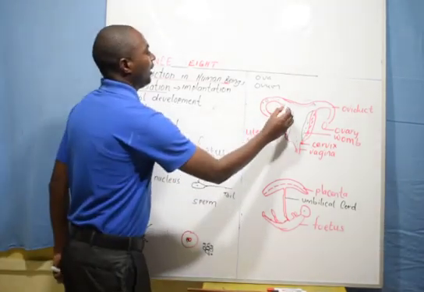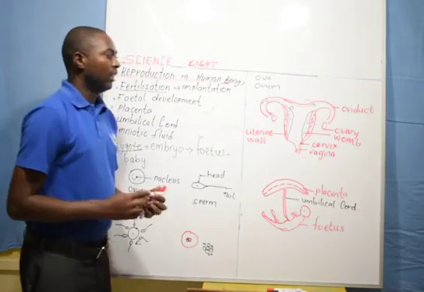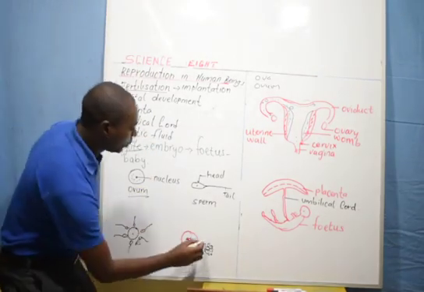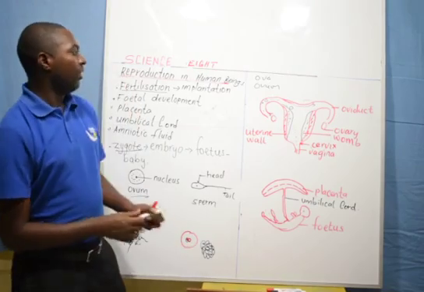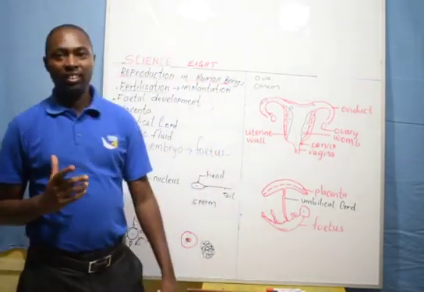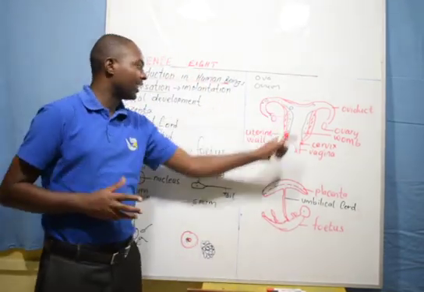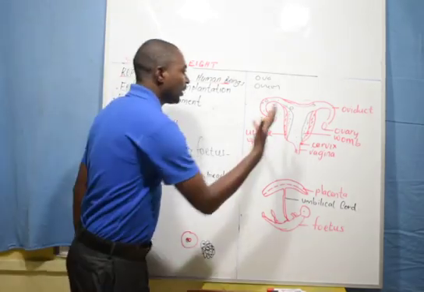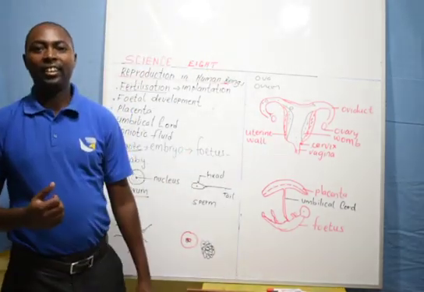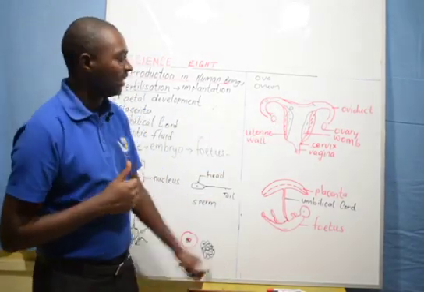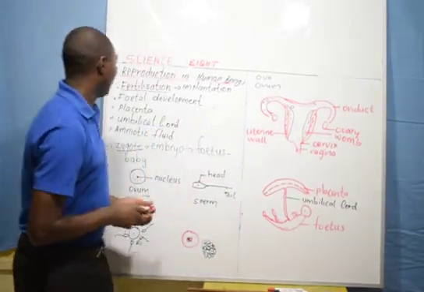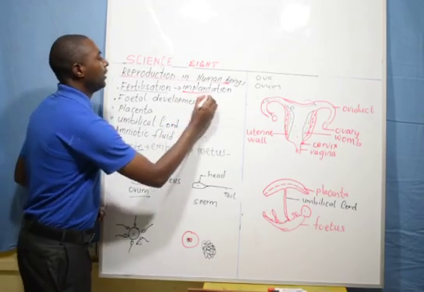Once they thicken here, before it falls here, it has developed into several cells which form finger-like projections. Therefore, they attach themselves to the walls of the uterus. That process of a zygote attaching itself to the walls of the uterus is known as implantation. That's why I wrote the word implantation.